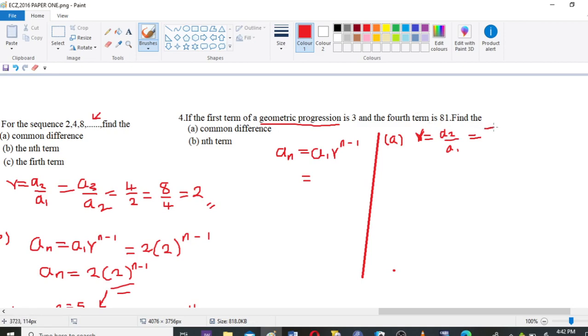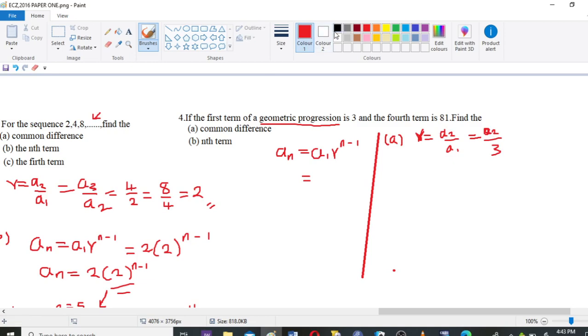You've been told your first term to be 3, but our second term we do not have. What else can we do here?